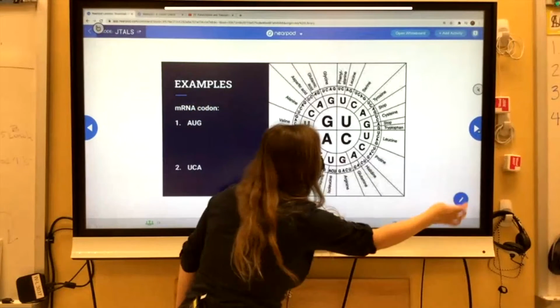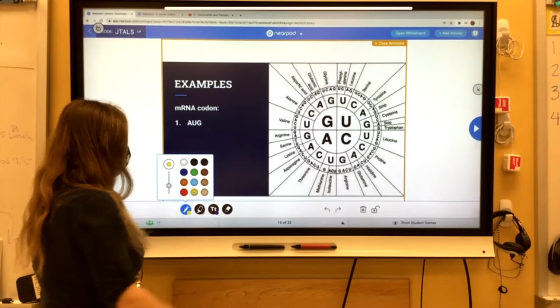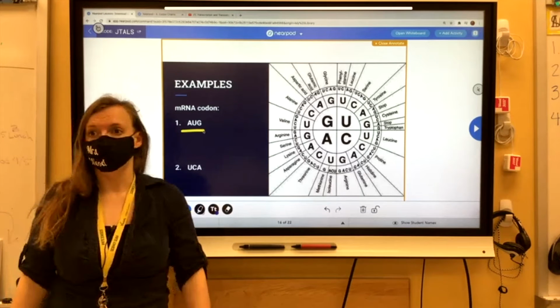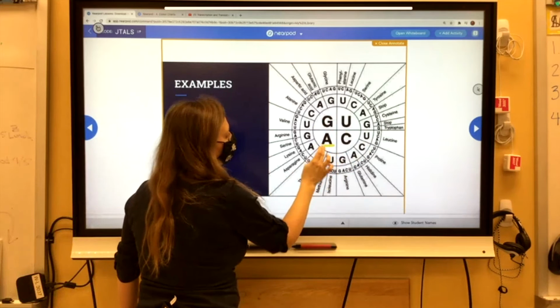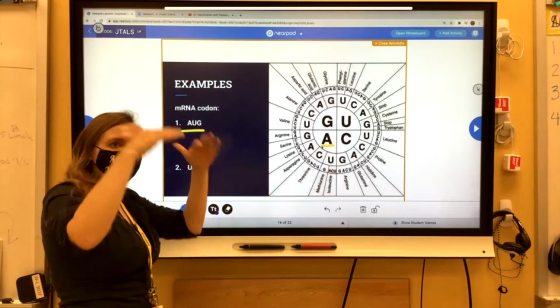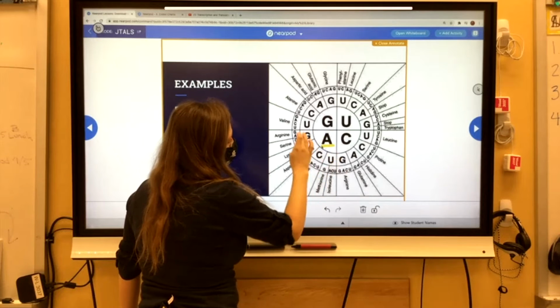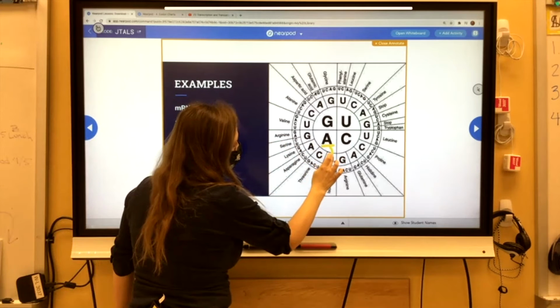Okay, so here we go. We've got an example of AUG. Here's the one I'm working on, AUG. Start in the middle, all right? So I'm going to find the big A in the middle. Here it is. I'm trying to go out, all right? So my next ring right here, I'm going to find that second letter, which is U. Here it is.